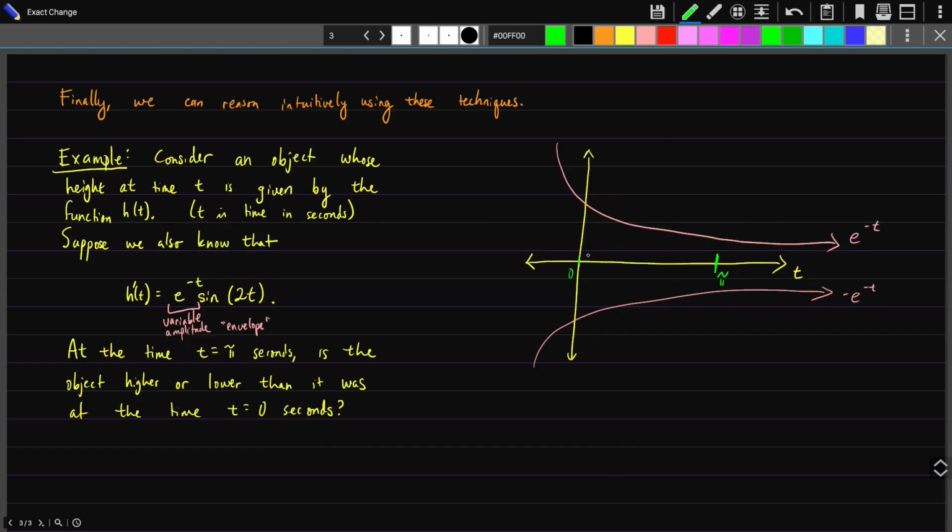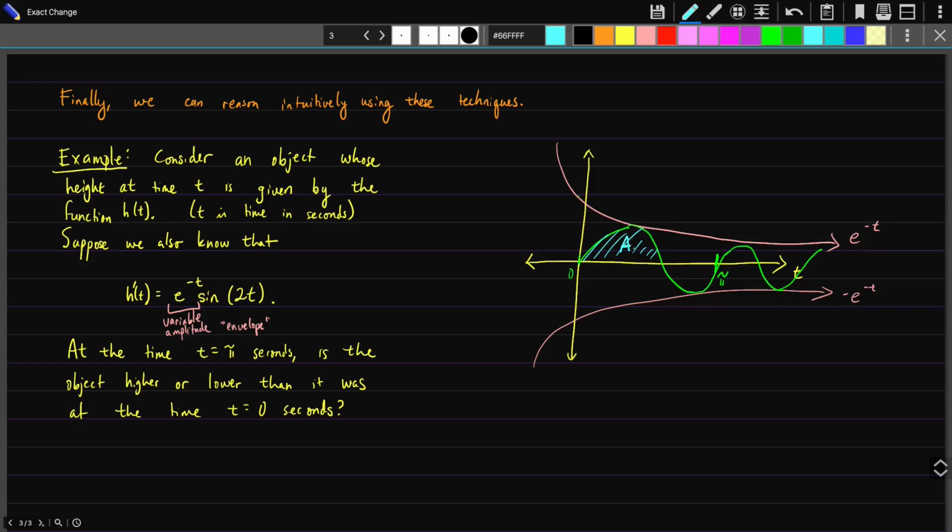But instead of going up and down as it normally would with the same height, this time it's going to go up until it hits the envelope, and then go down as it normally would, and then go down until it hits the envelope, and then go back up as it normally would. So if I draw that a little bit more accurately, our sine function basically looks like this.